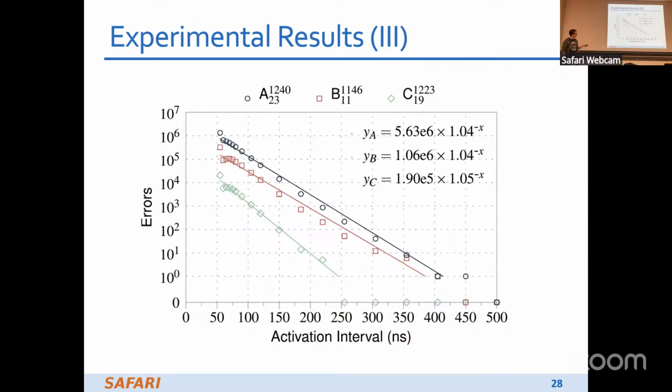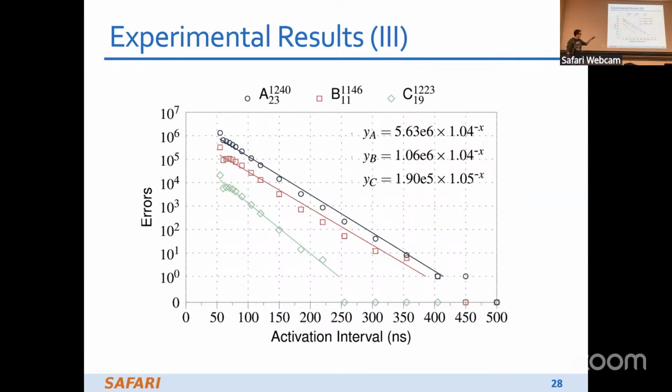Then the activation intervals they used, as you can see here, they had the most success, which you may think, at low activation intervals. So they used 55 nanoseconds as their fastest one. And from there on, there's a somewhat linear decline in errors if they activate less fast.